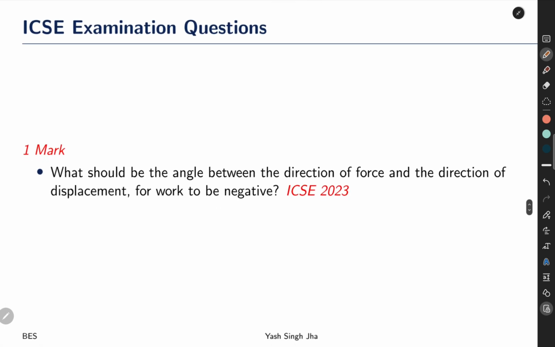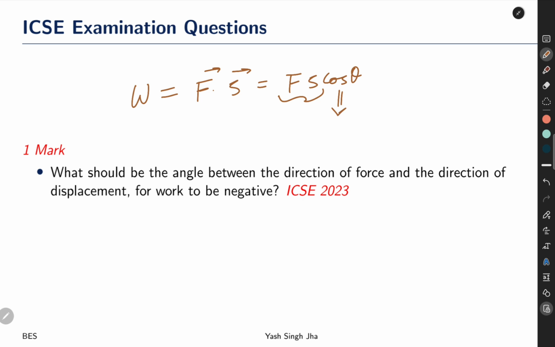Moving ahead. What should be the angle between the direction of force and direction of displacement for work to be negative? It's again a question for the next chapter, work, power, energy. The formula for work is F dot S, which comes out to be Fs cos theta. F and S are the magnitudes. So the only thing that can make it negative is cos theta.